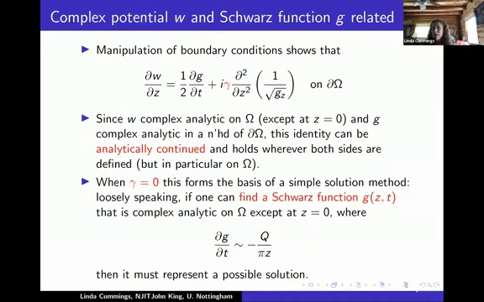It has to satisfy certain consistency conditions. So this part is not quite as simple as it sounds here. But if you can find a Schwarz function, g of z and t, that is complex analytic on the fluid domain, except at the origin, where it has the right singularity that matches the singular behavior that you know the complex potential has, then it must represent a possible solution to the Hele-Shaw zero surface tension free boundary problem.